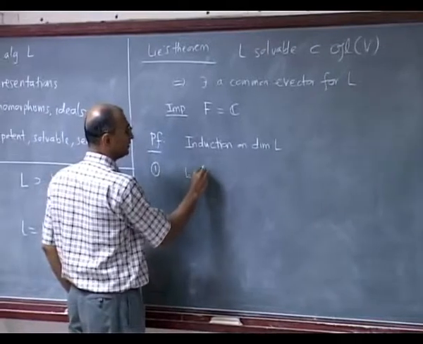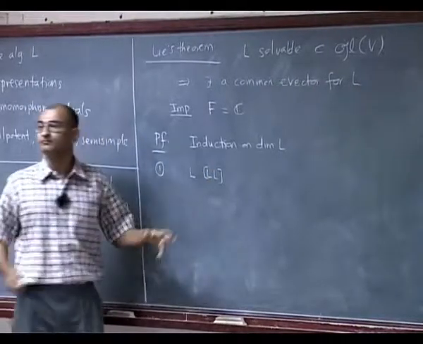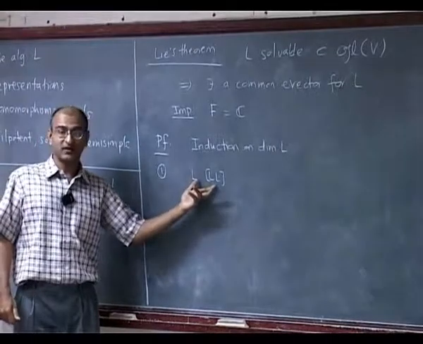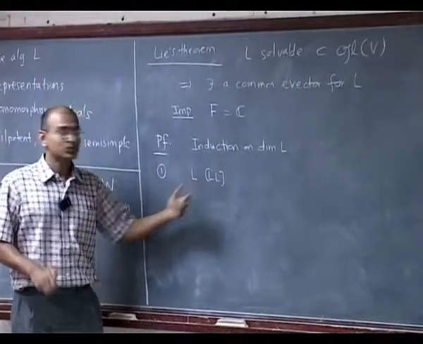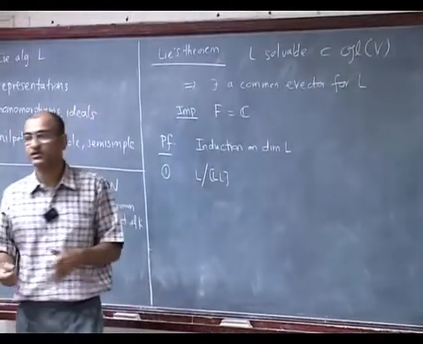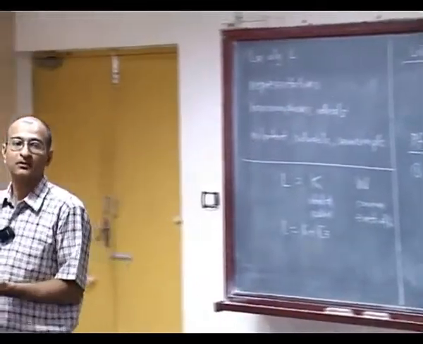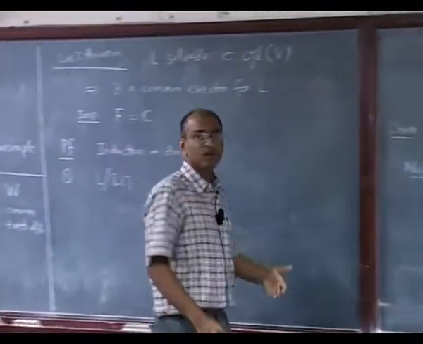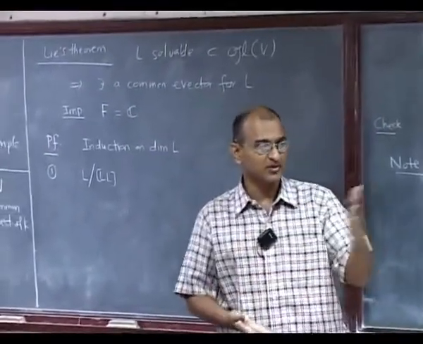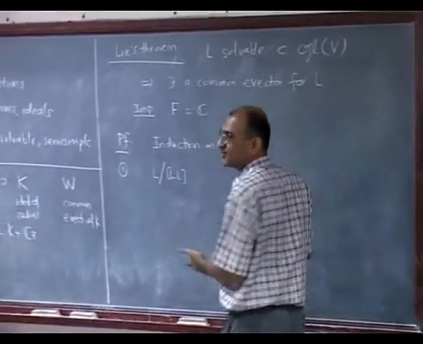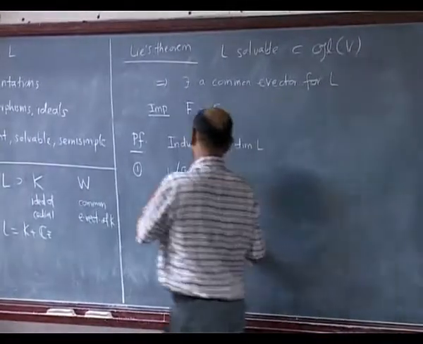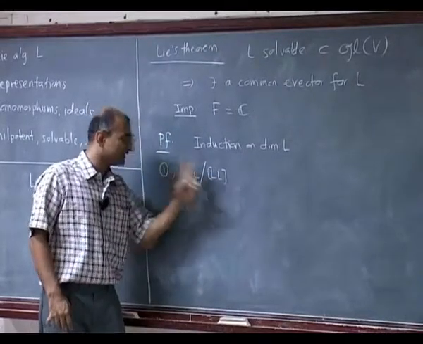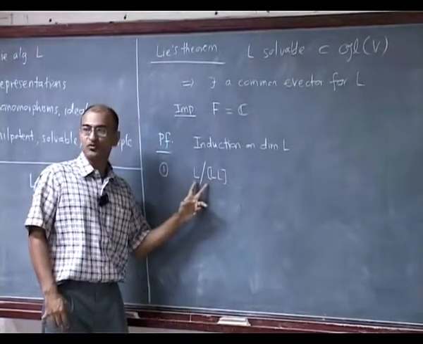So take this, which is strictly smaller. What can I do? I can look at this quotient, and now if I find an ideal of codimension 1 here, there is a one-to-one correspondence. This is one of those things: what would we do without the basic isomorphism theorems? So a one-to-one correspondence between the ideals of L containing this and the ideals of the quotient.